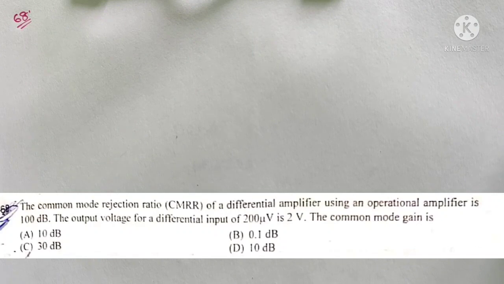Question number 68. The common mode rejection ratio of a differential amplifier using an operational amplifier is 100 dB. The output voltage for a differential input of 200 microvolt is 2 volt. The common mode gain is.